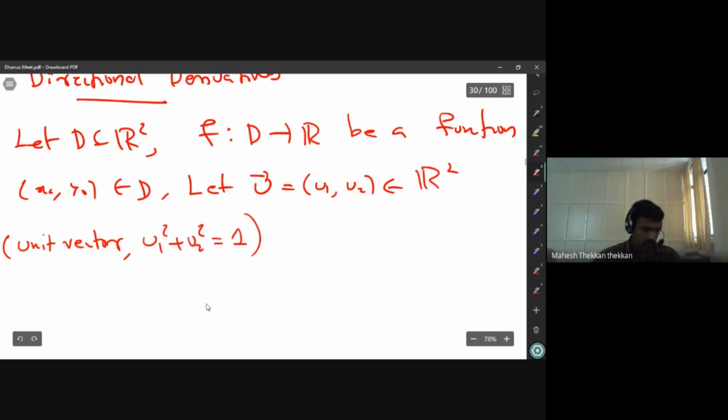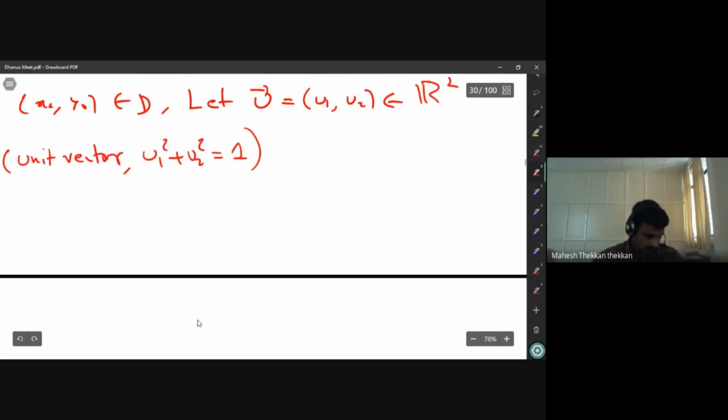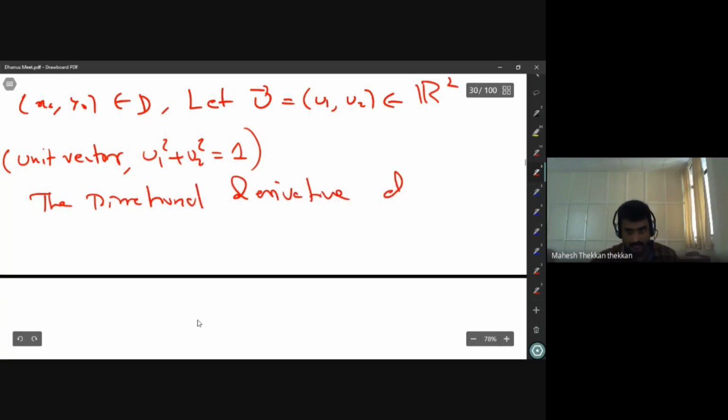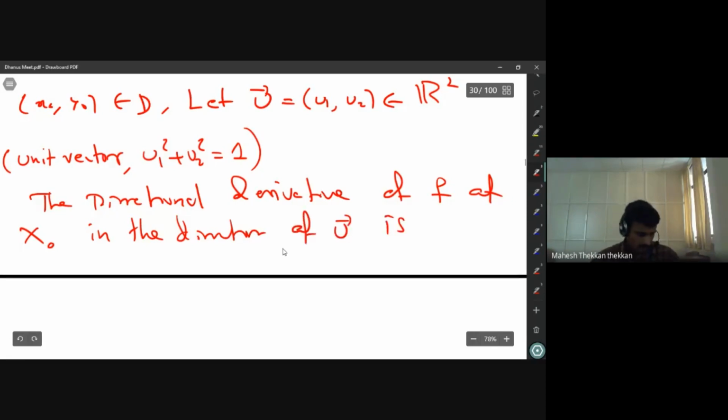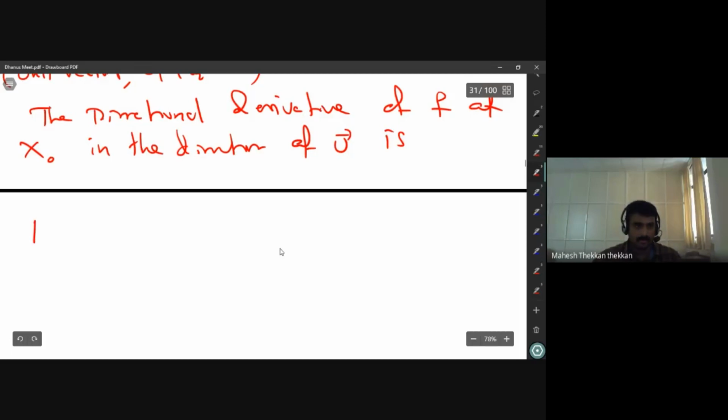Okay. Now we define the directional derivative of f at x0. The directional derivative of f at x0 in the direction of u is denoted by Du f at x0.